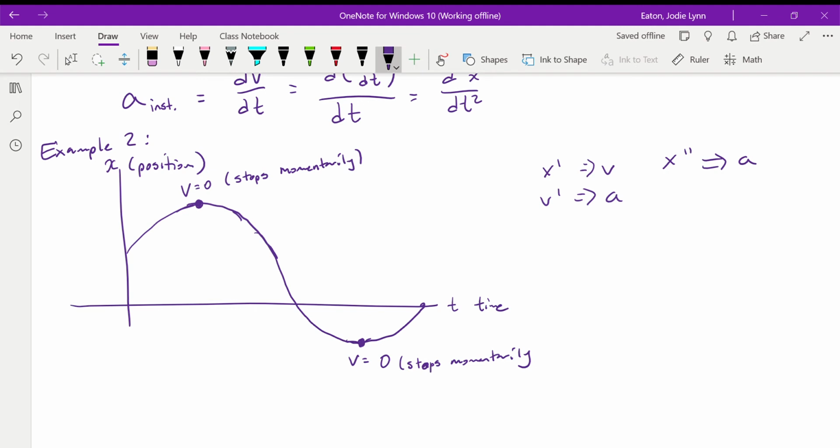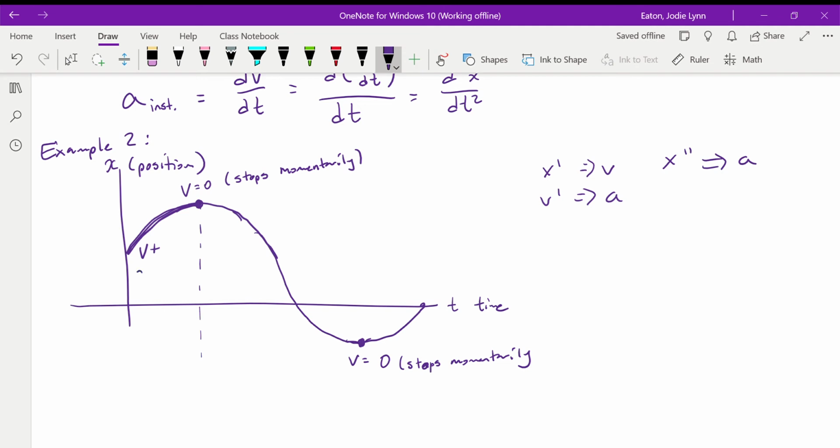So let's look at what is happening along this graph. For the first part, we are going up, so we are an increasing function. The velocity is the derivative of the position graph, so we have a positive velocity. Here we have a v plus in this piece of our graph.